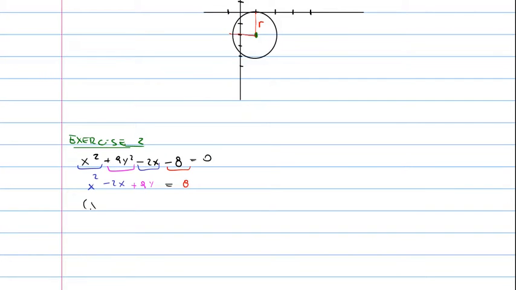Now we rewrite this expression as x squared minus 2x, adding 1 here, plus 9y squared without adding any numbers would be equal to 8, and so that the equation sustains, we have to add plus 1 on this side as well.